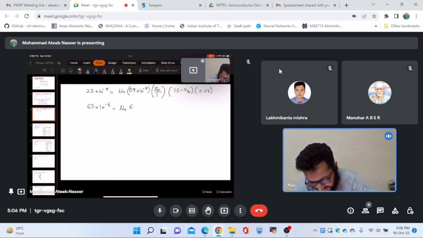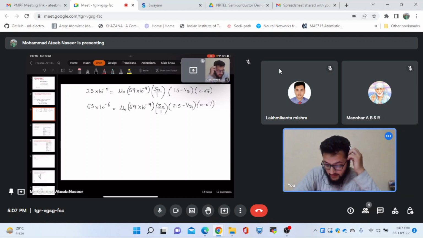So it is 69 into 10 to the power of minus 9, and this will be simply 30 by 1, and this bias is 2.5 minus VTH into 0.07.